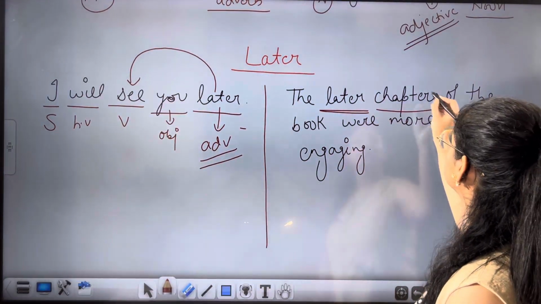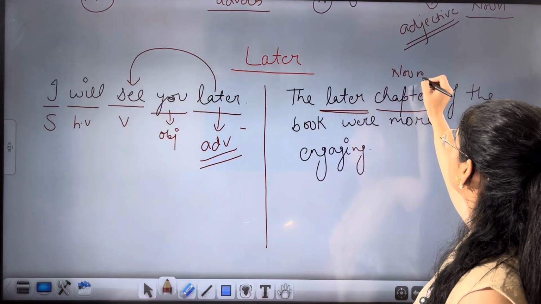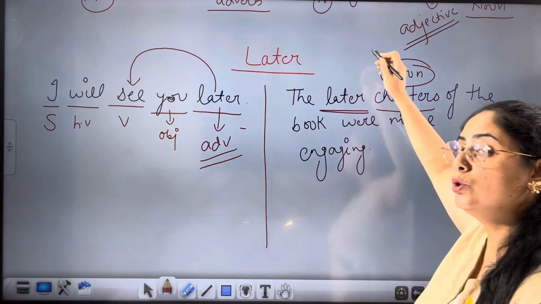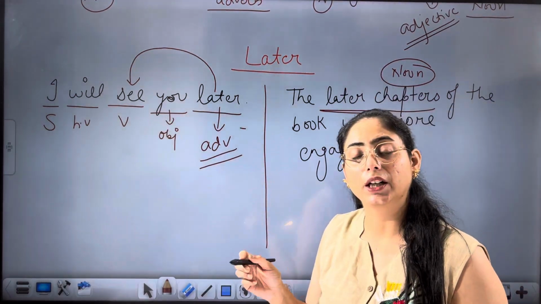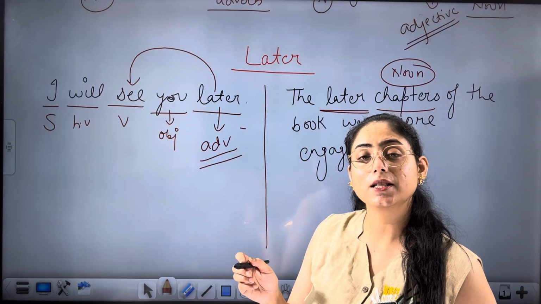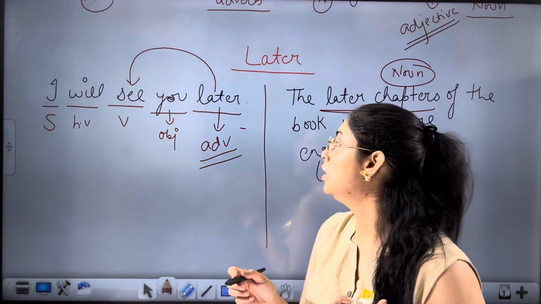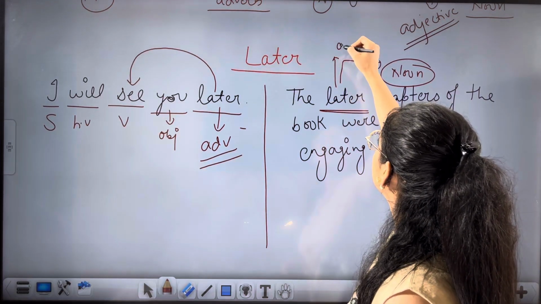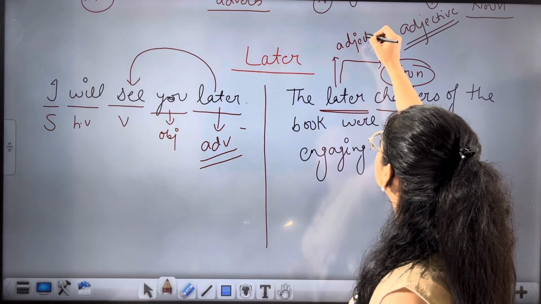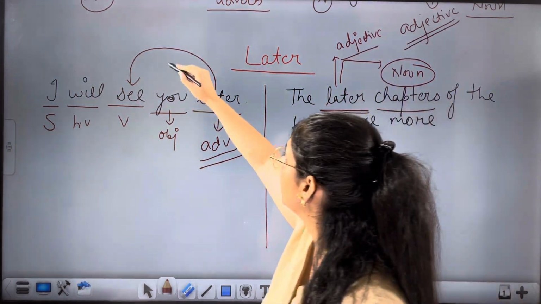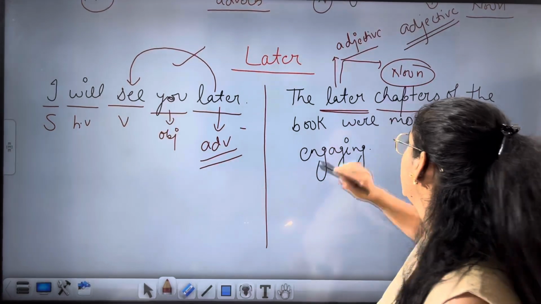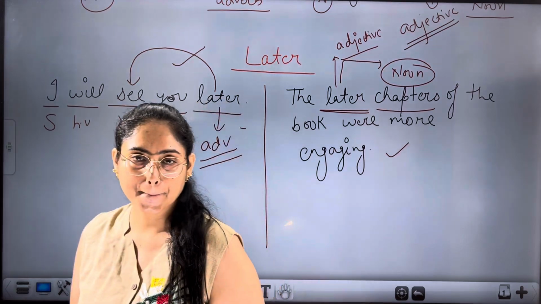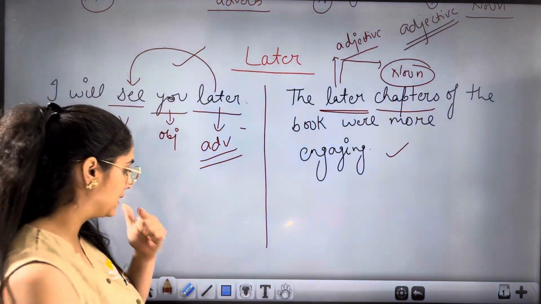Chapters are nouns, that too plural nouns. So, if later is used before chapters, later is qualifying which type of chapters? The chapters which are given later in the book. It means this is qualifying the noun. So, this is acting as an adjective. I hope how later is acting as an adverb and how later is acting as an adjective is clear to you. I'll even take one more example.